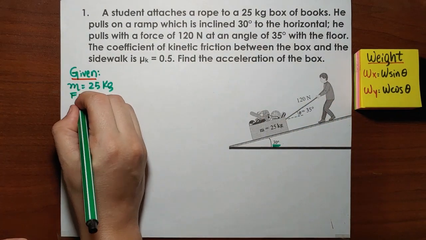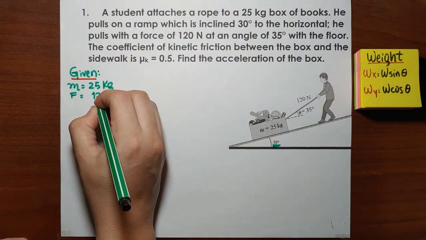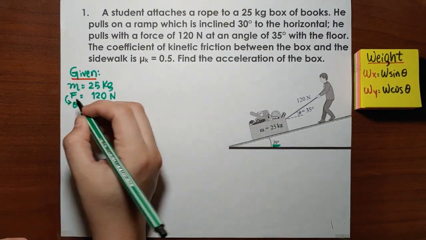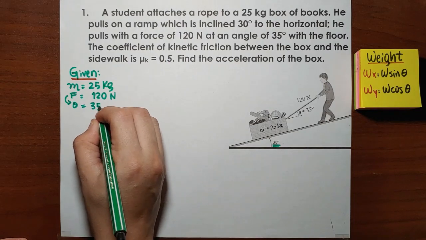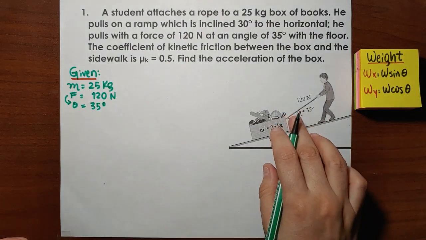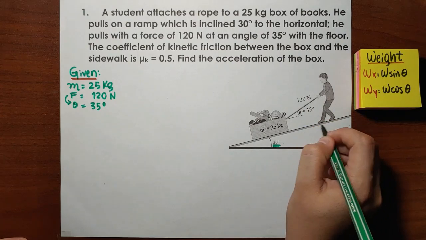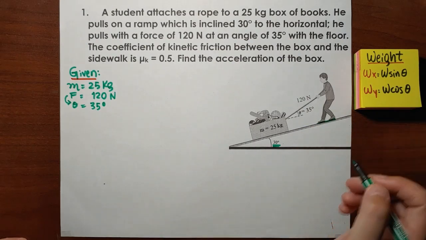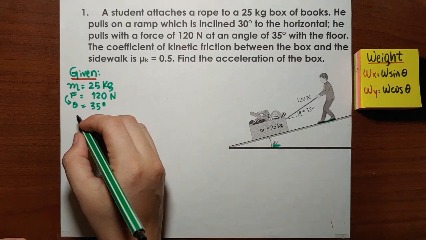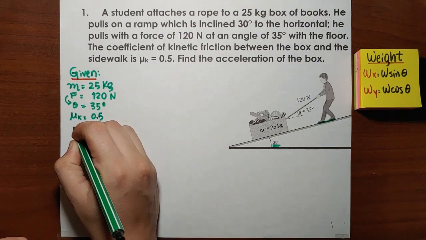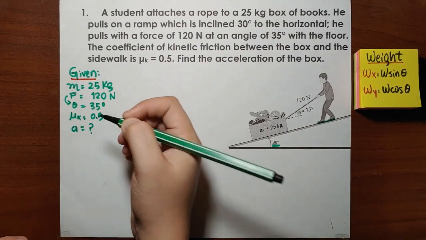The force is 120 Newton, and the angle of the force is 35 degrees to the floor. These 35 degrees are measured to the floor. Here is the floor, okay. The coefficient of kinetic friction is 0.5 and they are asking us to find acceleration.